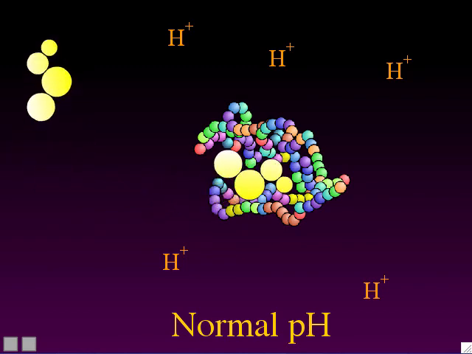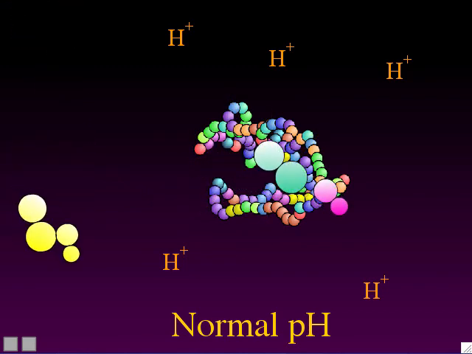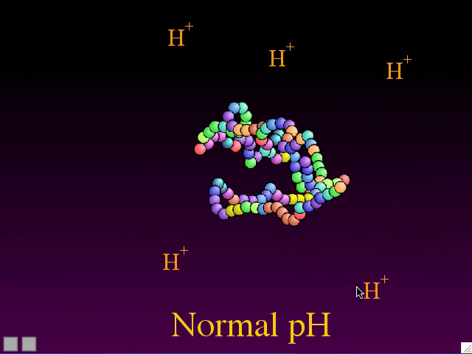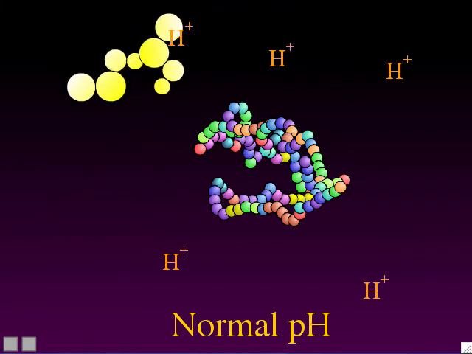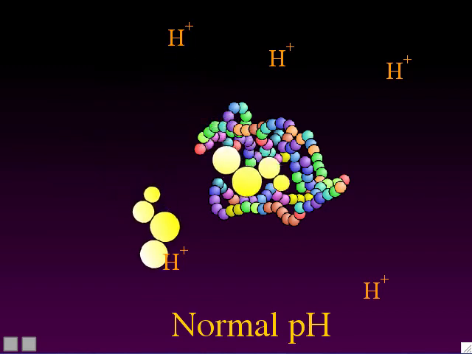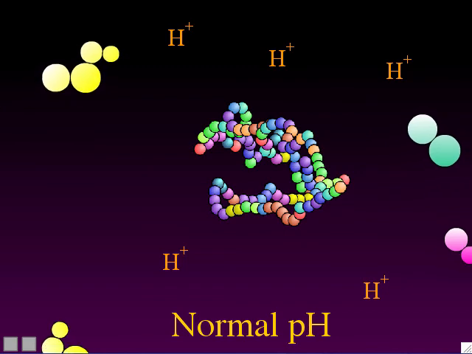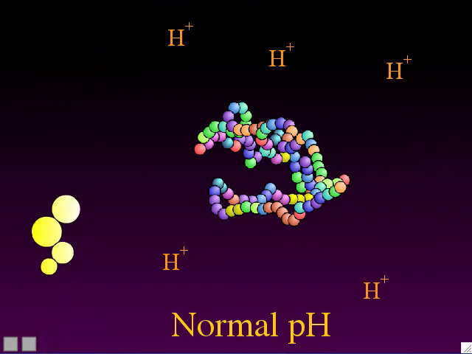It's at the pH of the organ where this enzyme is normally found, and I'm going to represent that normal natural pH for this enzyme with this number of hydrogen ions around the enzyme. So this enzyme is under its normal environmental conditions, including pH, and so the enzyme is doing its reaction at a high rate, at its fastest rate.